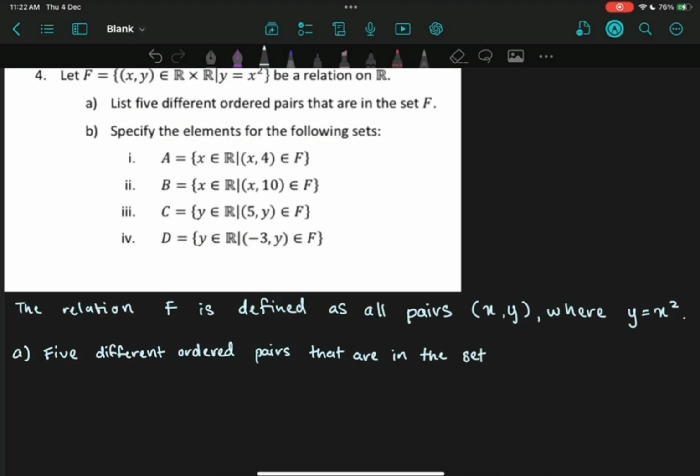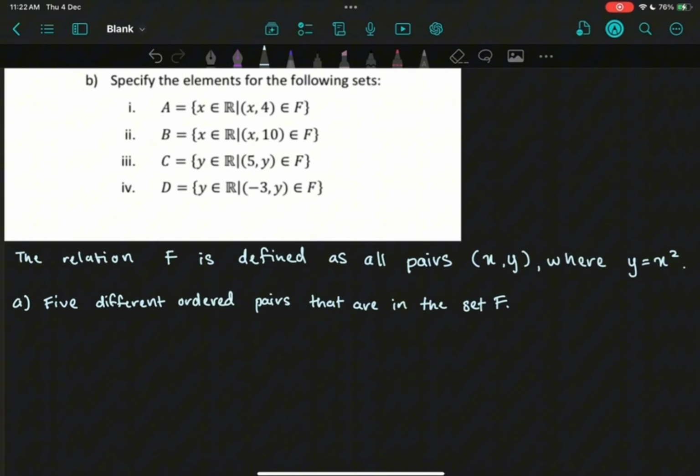To list 5 different ordered pairs in F, we need to choose 5 different values of x, and we need to compute y equals x squared. So for example, we just need to pick a random set of real numbers like 0, 1, -1, 2 and -2.